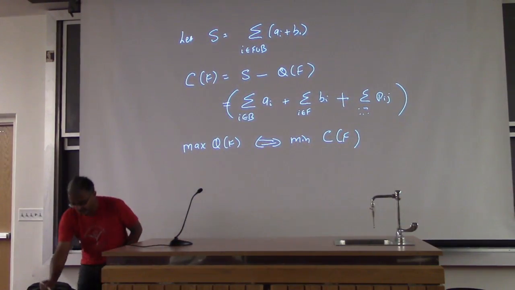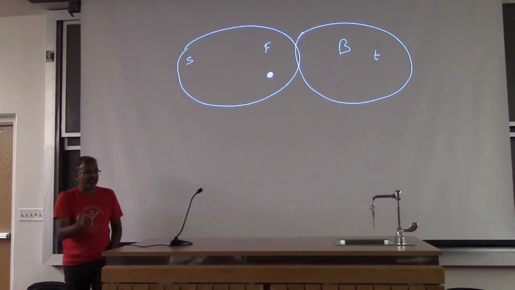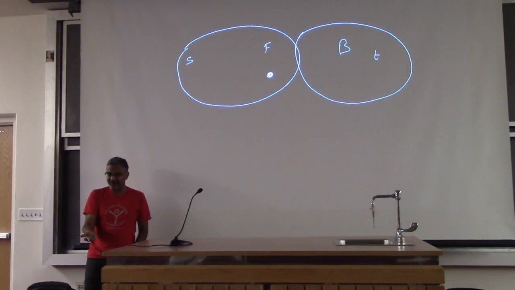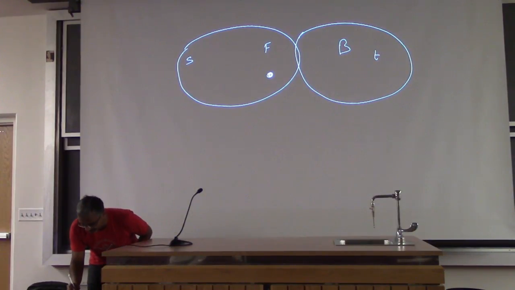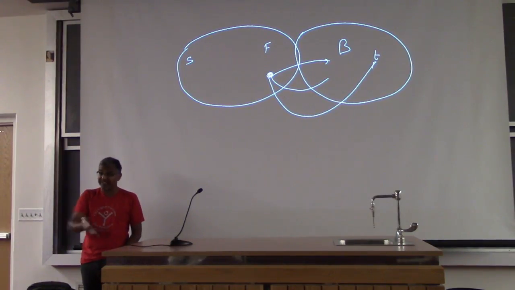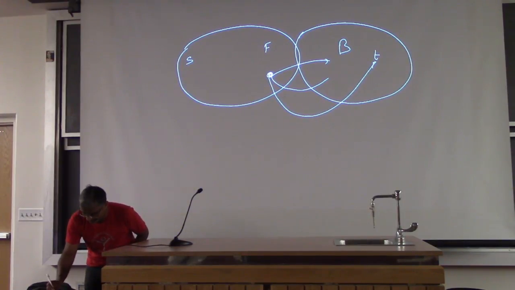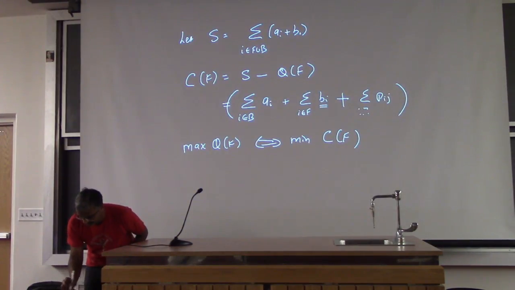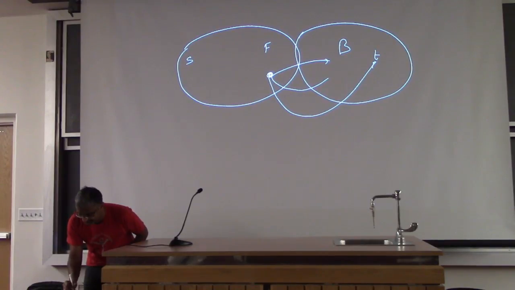Okay, but let's look at that vertex. What are the edges that would contribute to the capacity of the cut for this vertex? Well, it's all edges coming out of the vertex, going either to other things or to the sink. These are the edges from this vertex that contribute to the capacity of this cut. So here's what I'm going to do. Look at this BI. I'm going to label this edge from vertex I to the sink with BI.